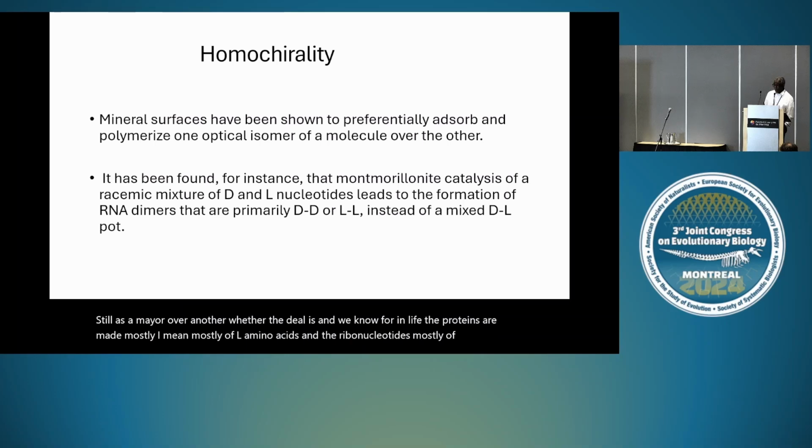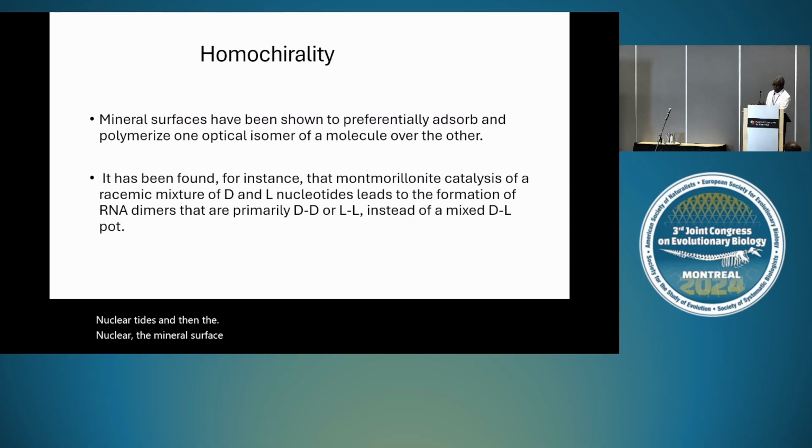And it has been shown that montmorillonite can preferentially adsorb one of the isomers. And in the studies of Ferris, if he had mixed D and L nucleotides, the mineral surface would make dimers which are DD or LL instead of having DL. So they will combine the same stereoisomers together.